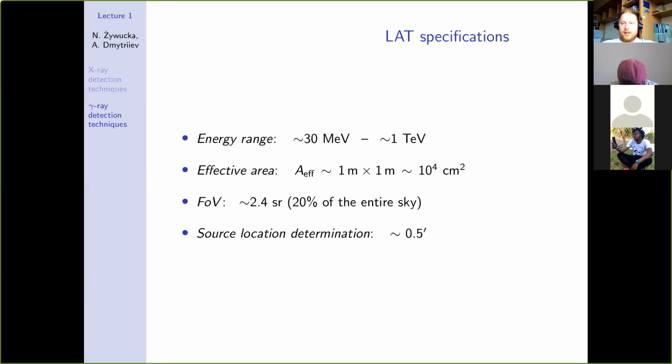So above an energy of more or less 100 GeV or 1 TeV, another technique is used: the ground-based Cherenkov telescopes. Below that energy, the pair conversion technique. The effective area of the LAT is around, it's a cube with a surface of roughly 1 meter by 1 meter, so it's 10^4 square centimeters.